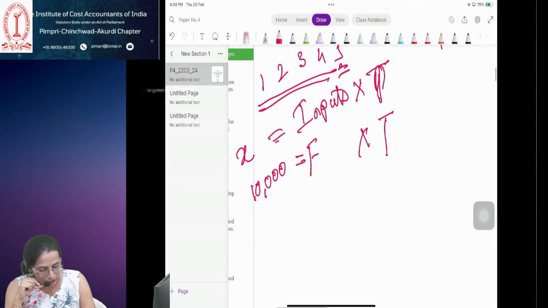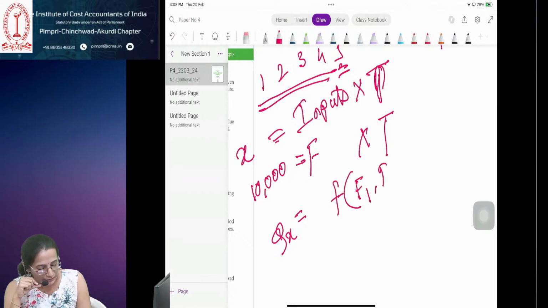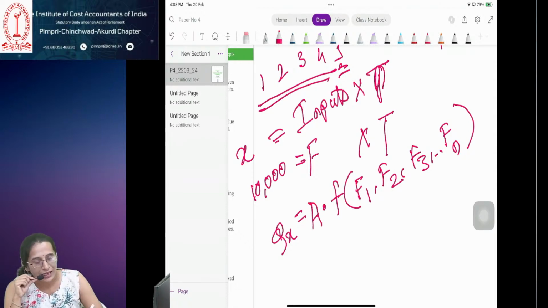Simply, QX, quantity of X commodity produced, is a function of factor input 1, factor input 2, factor input 3 till factor input n, that is the total number of factor inputs, with a certain level of technology, that is A. A is the state of technology that we are using.